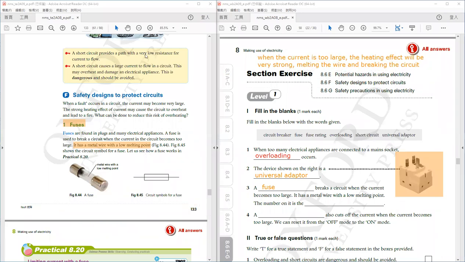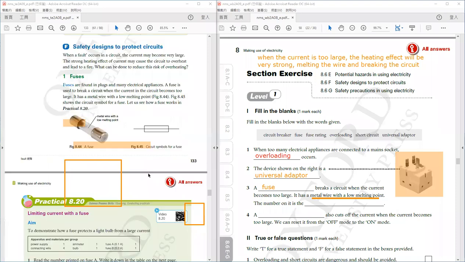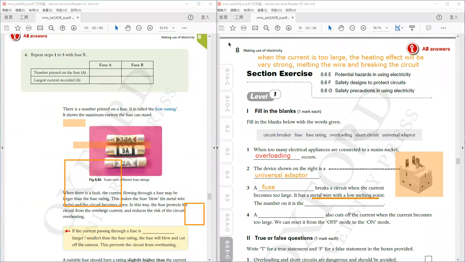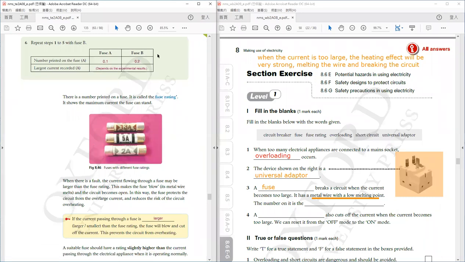Okay, textbook page 133. This is a fuse. It has a metal wire with low melting point. The number on this fuse, how do we call it? I just want you to be able to look for an answer in your textbook. Okay, the number printed on the fuse is called the fuse rating.